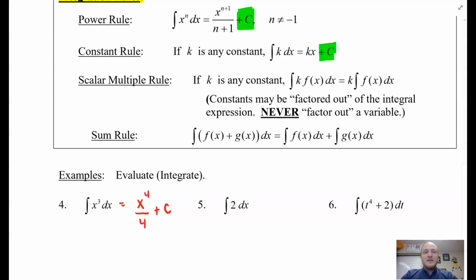Number 5 is highlighting the constant rule. Notice I'm integrating just 2, so the integral of 2 dx. I want to integrate 2 with respect to x, so this is going to be 2x plus c. Simple enough. Number 6 is highlighting the sum rule.